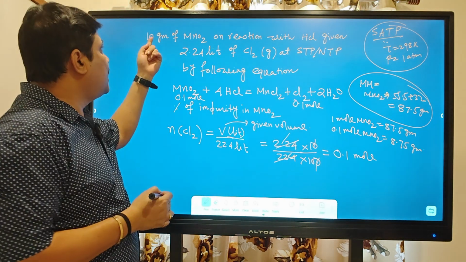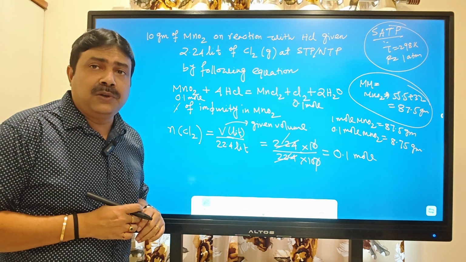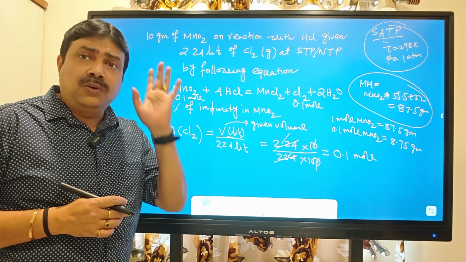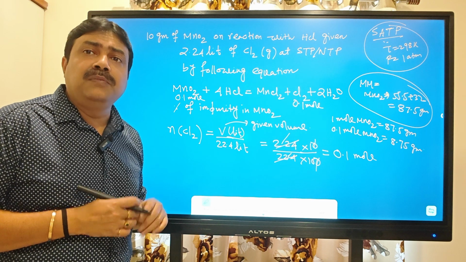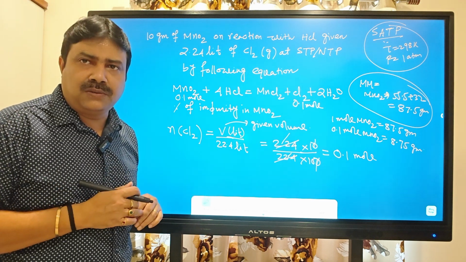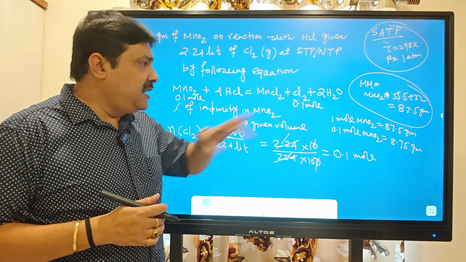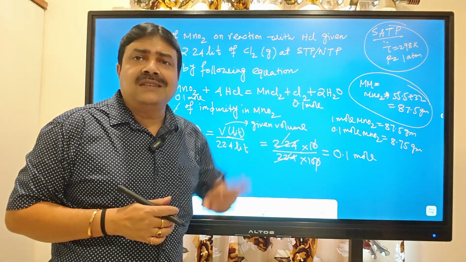But here how much is there? 10 gram of MnO2. That means 10 minus 8.75 is nothing but the impure substance present in the MnO2. Or we can say out of 10 gram, really reacted is 8.75 gram.